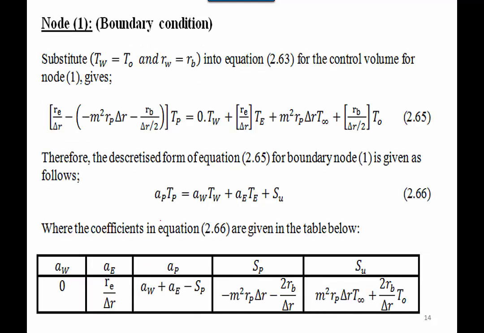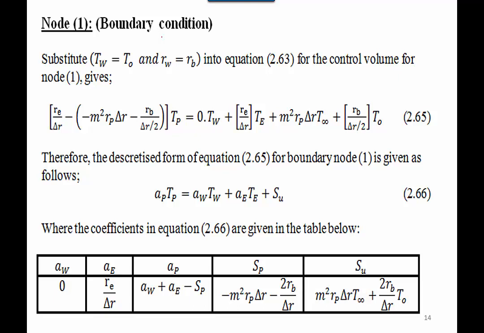Again, we do the same thing for control volume number 1, which is at the base of the fin, which has a boundary condition T naught instead of T west at the interface. This is a small w, sorry, and R small w equals R base, which is given at the boundary condition.